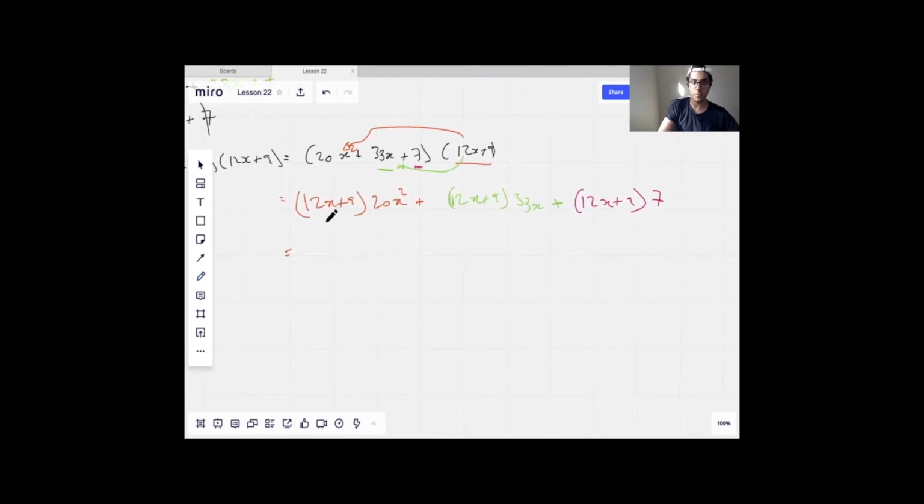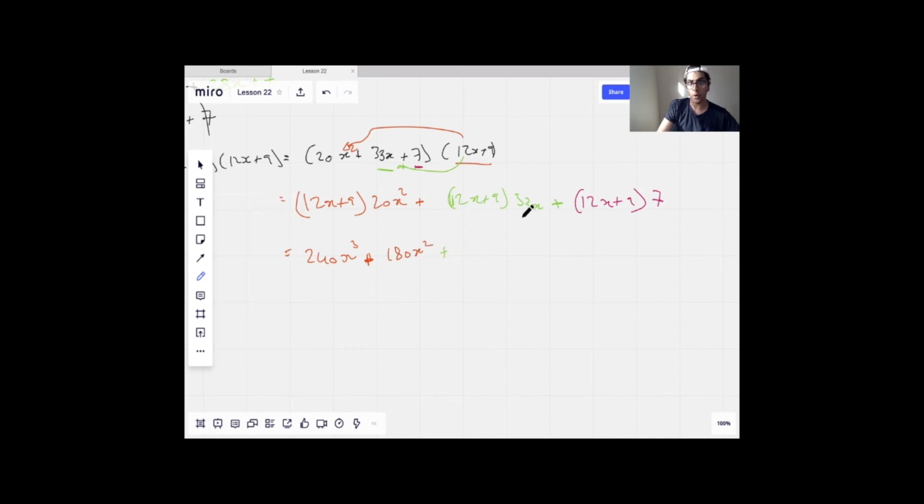So 12x times 20x squared. Well, what is that? 12 times 2 is 24, and then times 10, so 240x cubed. And then 9 times 20x squared, 9 times 2 is 18, so 180x squared.